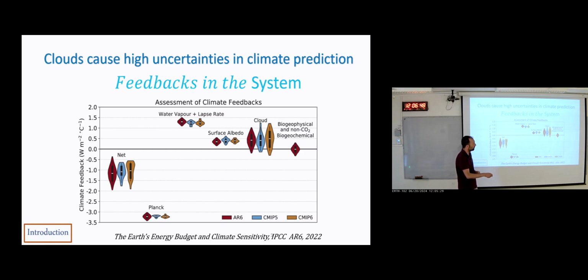We have the CMIP models, the older generation and the new generation of the CMIP models. And we can see that first of all, the most important feedback is the obvious one, the Planck feedback, which means that as the planet warms, the temperature rises, so it emits more radiation out to space. So that's a negative feedback. The planet acts to cool itself as it warms.